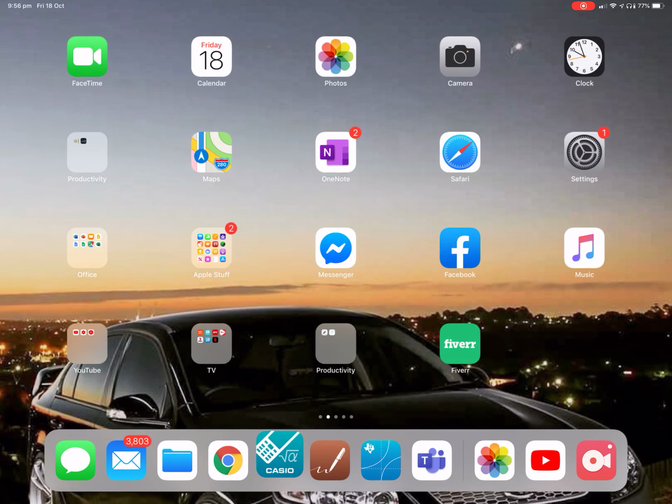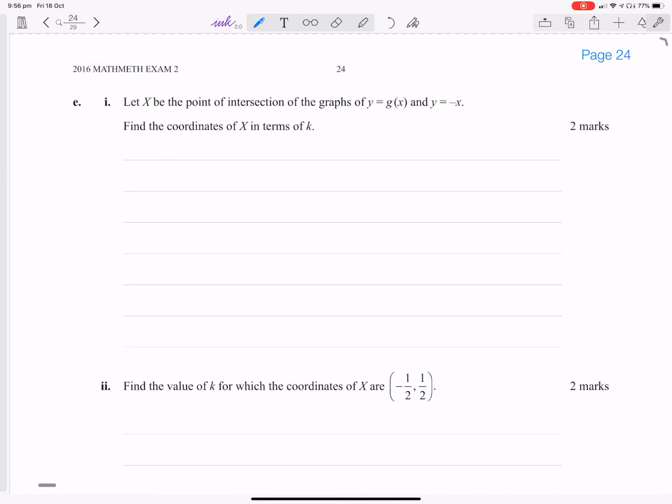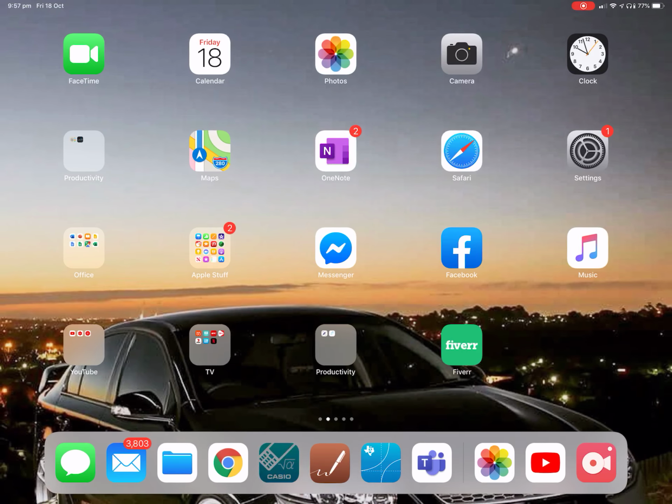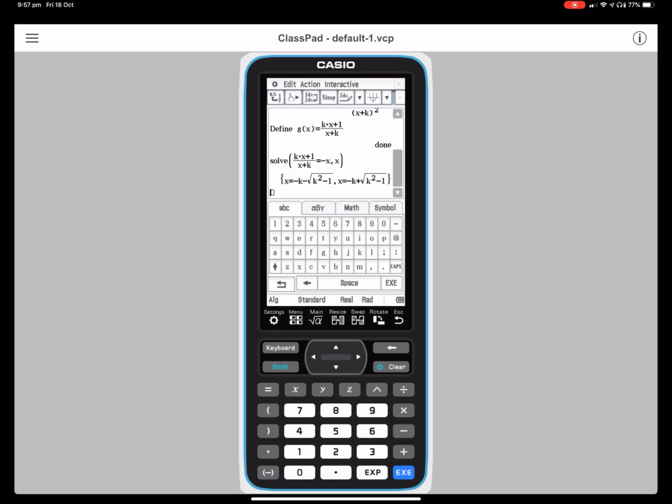Okay, so g of x equals negative x, therefore x equals negative k plus or minus the square root of k squared minus 1, was it? Plus or minus.